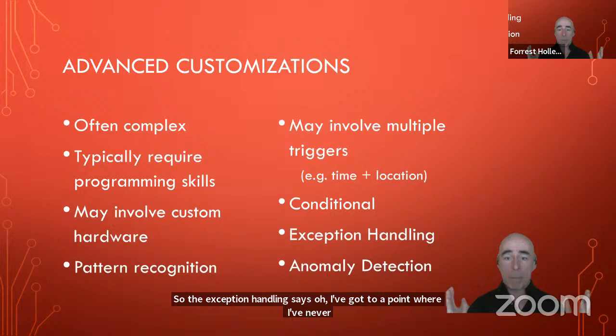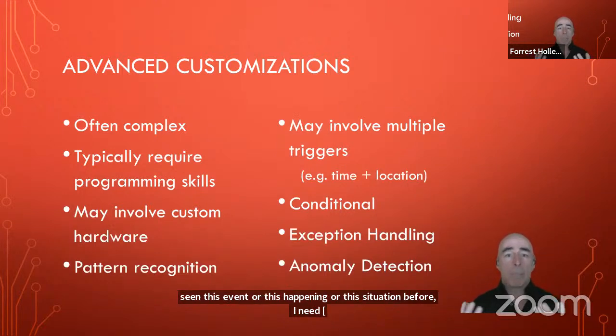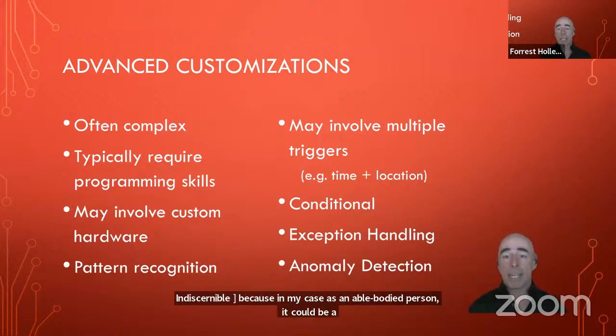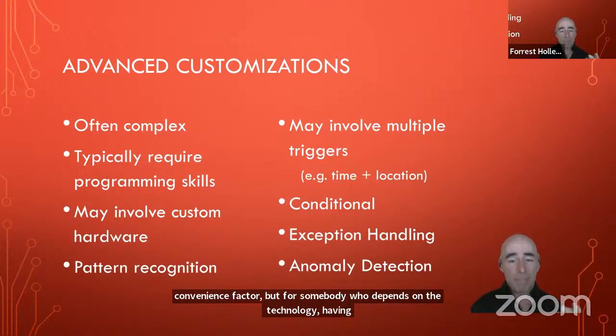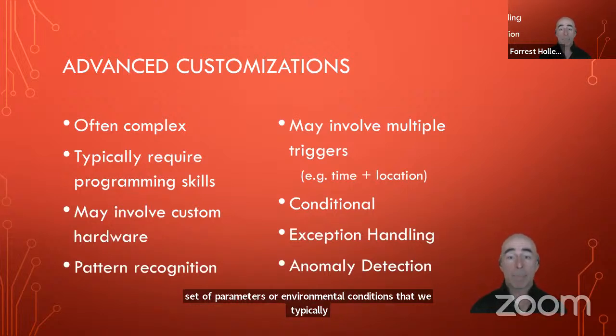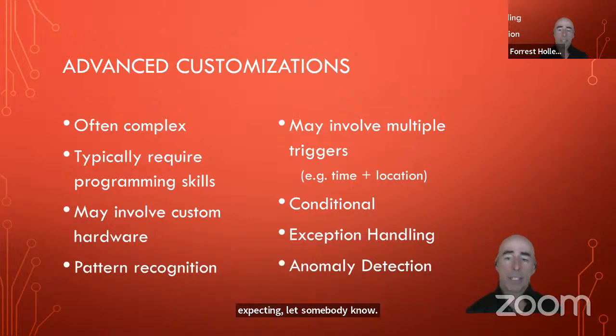I need to let somebody know because, in my case, as an able-bodied person, it could just be a convenience factor. But for somebody who absolutely depends on the technology, having exception handling to say, if something falls outside the programmed set of parameters or environmental conditions that we were typically expecting, let somebody know because that person may need some help. And then we talked about anomaly detection earlier.